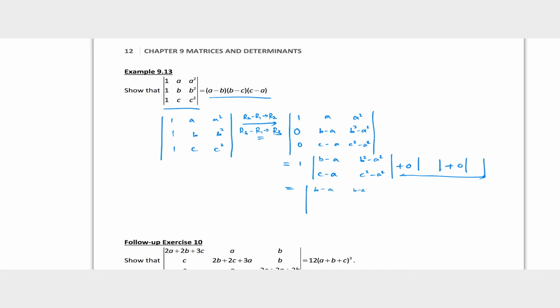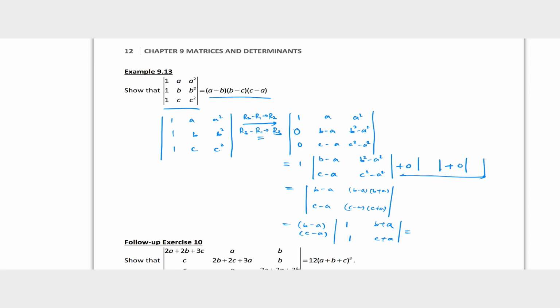b minus a and then b plus a. This is c minus a times c plus a. For the first row, I can take out b minus a, remaining 1 and b plus a. For the second row, I can take out c minus a and then remain 1 and c plus a.